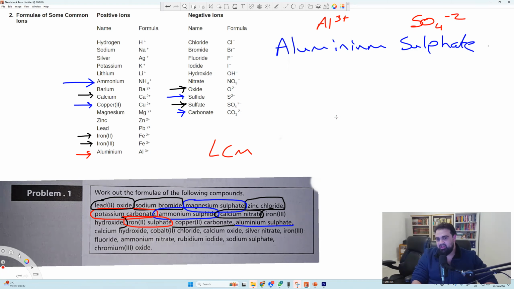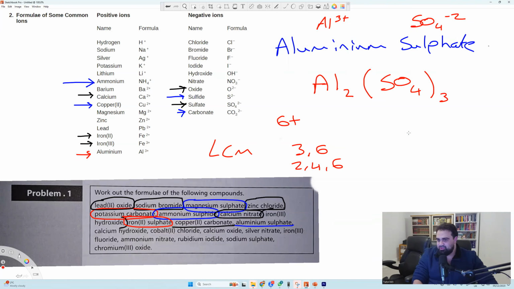The lowest common multiple for 3 and 2 is 6. So you're going to need 2 aluminiums, and with 2 aluminiums you have a 6 plus charge. And then 3 sulfates, because 3 times -2 gives you -6. It's just a maths thing.